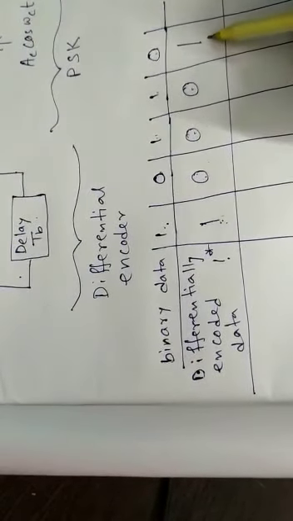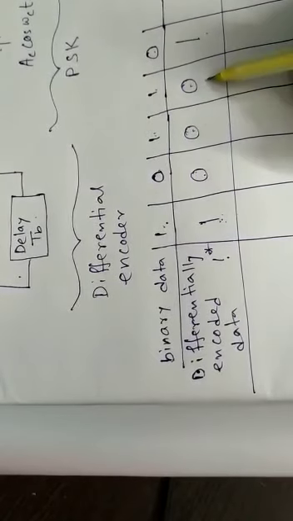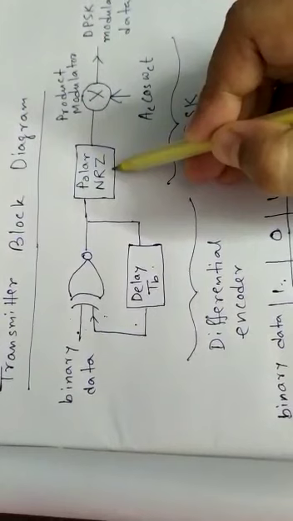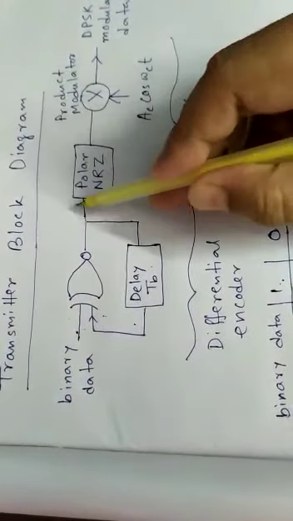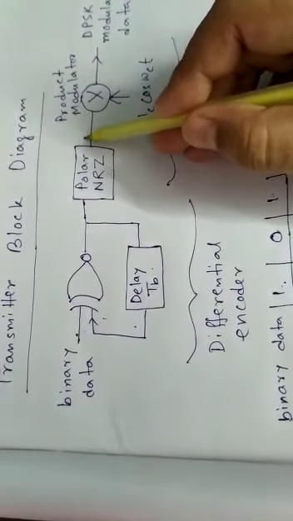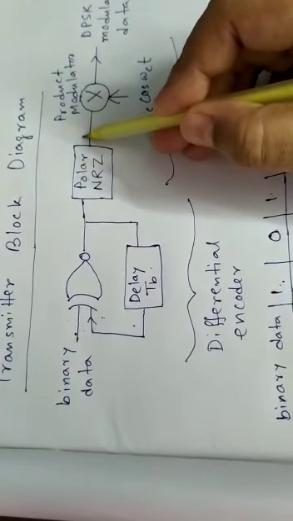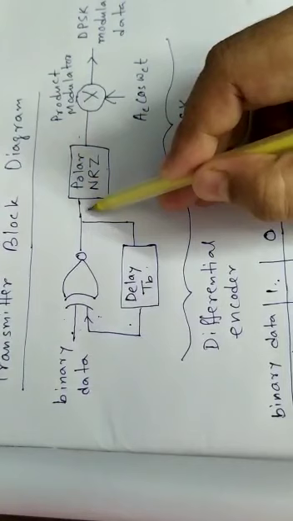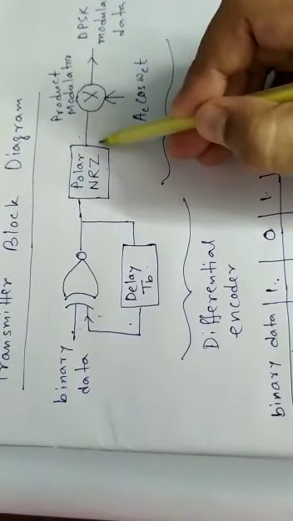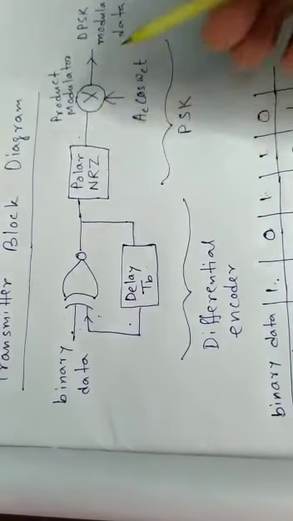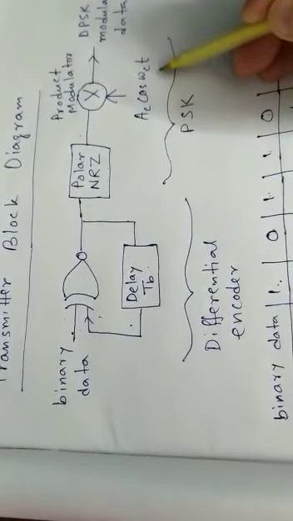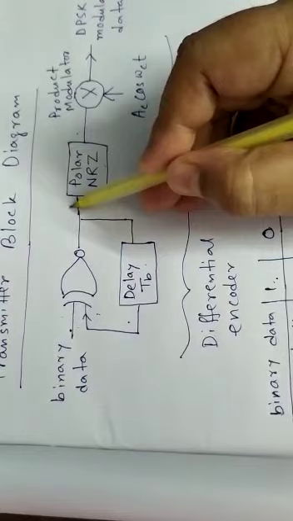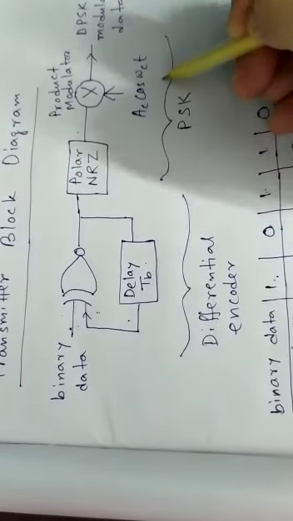10001. Now I apply this data to a normal PSK where you have first a polar NRZ, which converts this, if it is 1, into a pulse of plus 1 volt. If it is 0, it converts the 0 into a pulse of minus 1 volt. And then you multiply it by Ac cos omega ct. That means if it is 1, then it is 1 volt, that is multiplied by Ac cos omega ct.